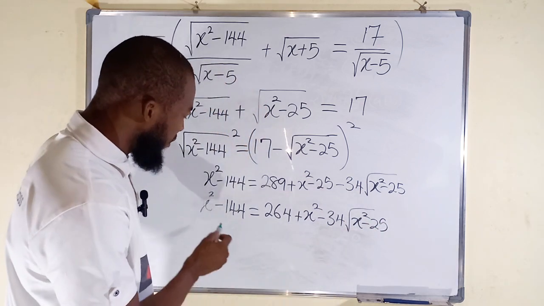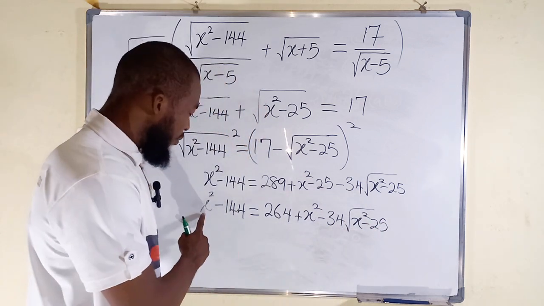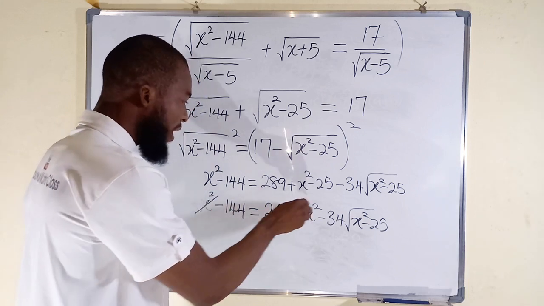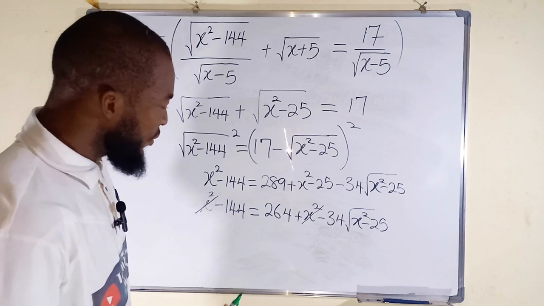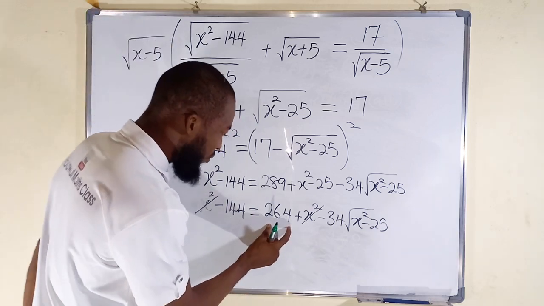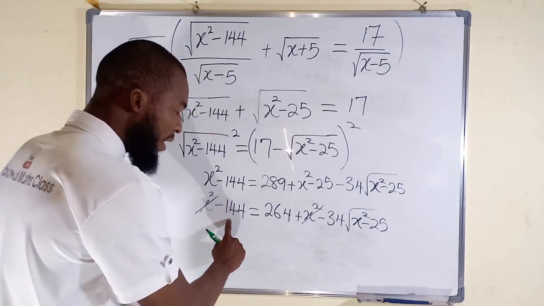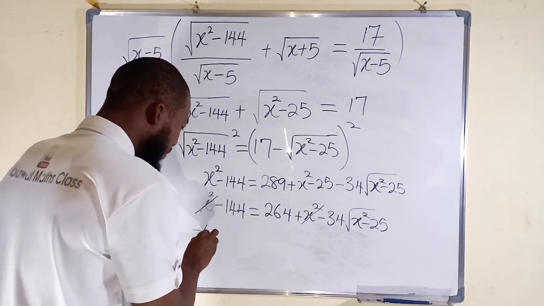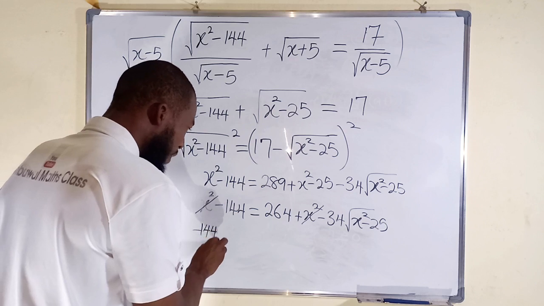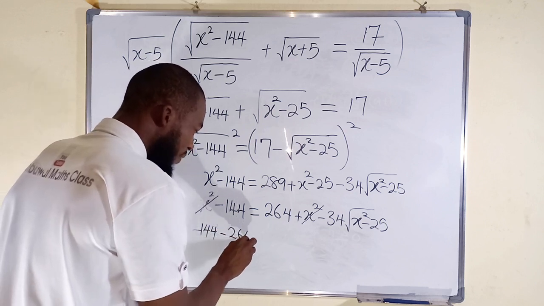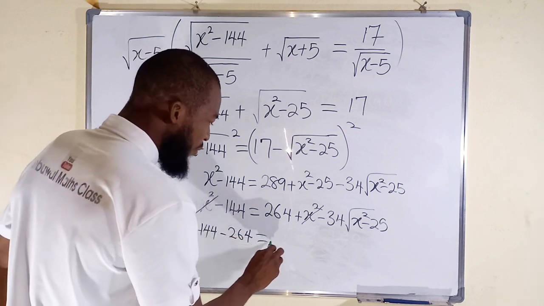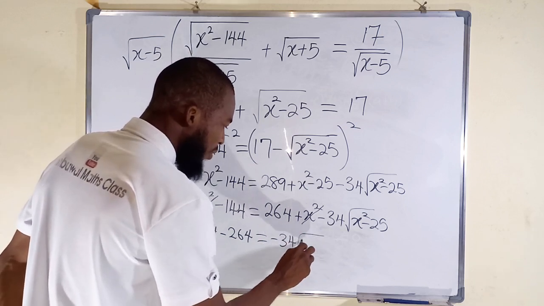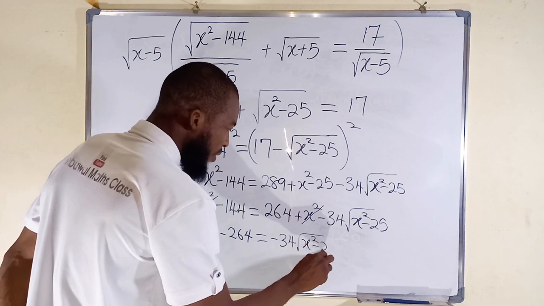If you bring them to the left hand side, we have x squared on the left and x squared on the right, so they will cancel. We can bring the other term to the left hand side. It becomes negative 144, negative 264. Then on the right hand side we have negative 34 multiplied by the square root of x squared minus 25.